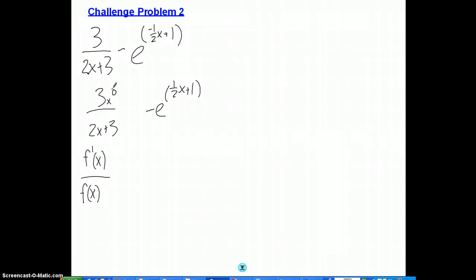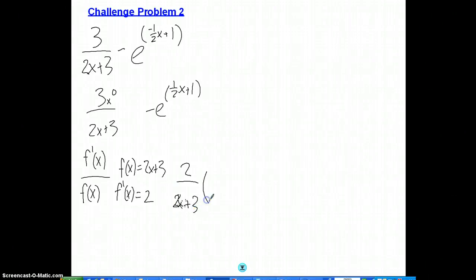If f of x here is equal to 2x plus 3, we know that f prime x using basic calculus is 2. So this can also be rewritten as 2 over 2x plus 3 times a coefficient, which will make it 3.